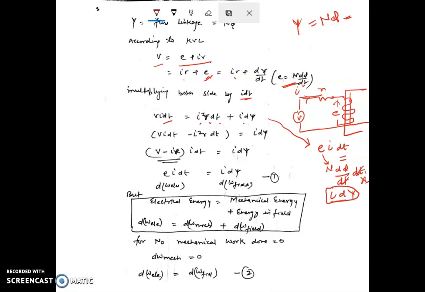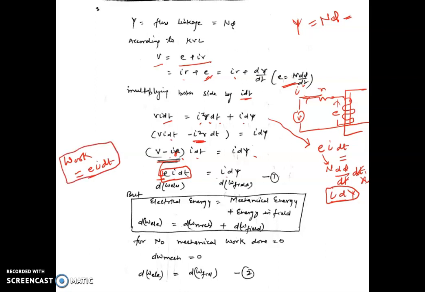Now taking common, V I dt minus I square R dt is equal to I d psi. V minus IR, into I dt, is equal to I d psi. This V minus IR is again E. So E I dt is equal to I d psi. This E I dt is nothing but the electrical work, EI into dt.